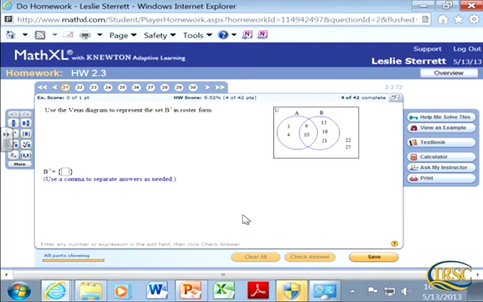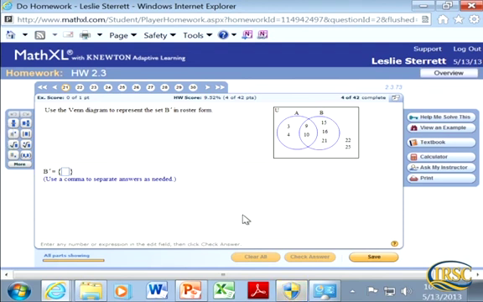All right, here you have a Venn diagram, and it wants you to represent the set B complement in roster form. So remember, the complement of B is anything in the universal set that's not in B. So if you draw this on your paper, and this is what I recommend, draw it in pen on your paper, and then you can use pencil to shade out areas, so maybe if you make a mistake, you can erase that and your original Venn diagram is still there.